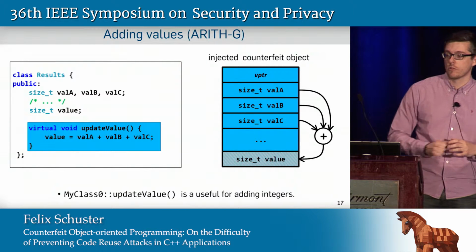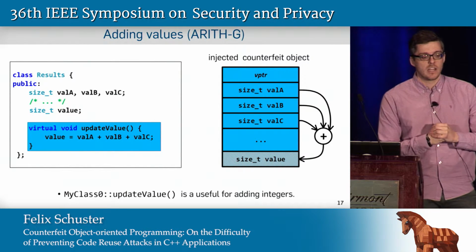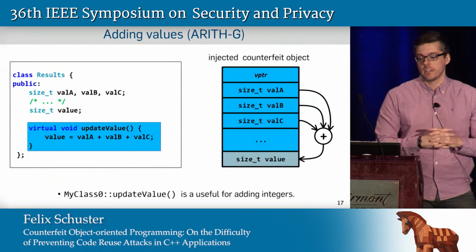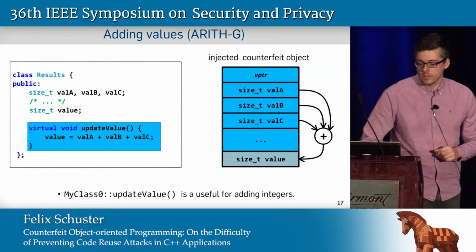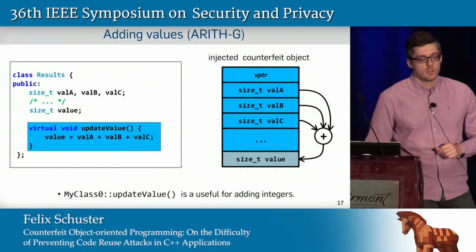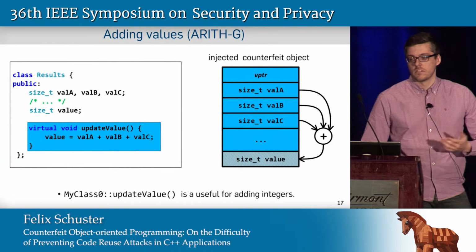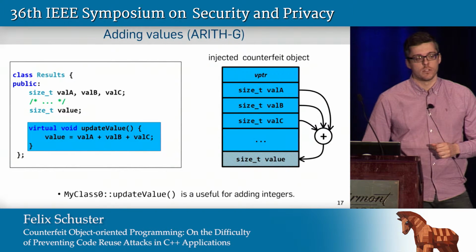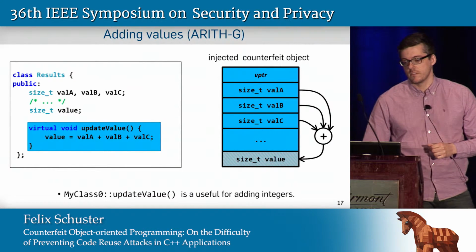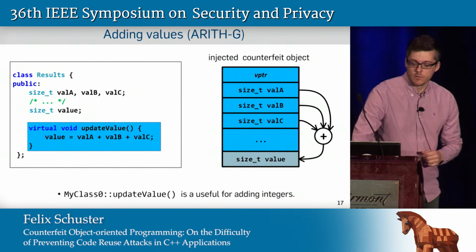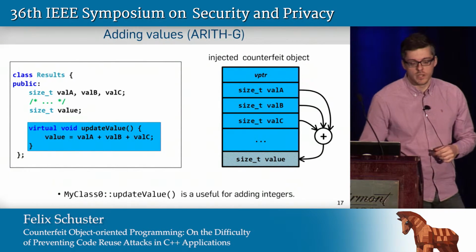So if we invoke this virtual function on a counterfeit object that we injected, of which we control all the data fields, then we have a simple summation that we control, right? We have a data flow from A, B, C to value. Okay, so this is an example of a virtual function that we can use to do some arithmetic.